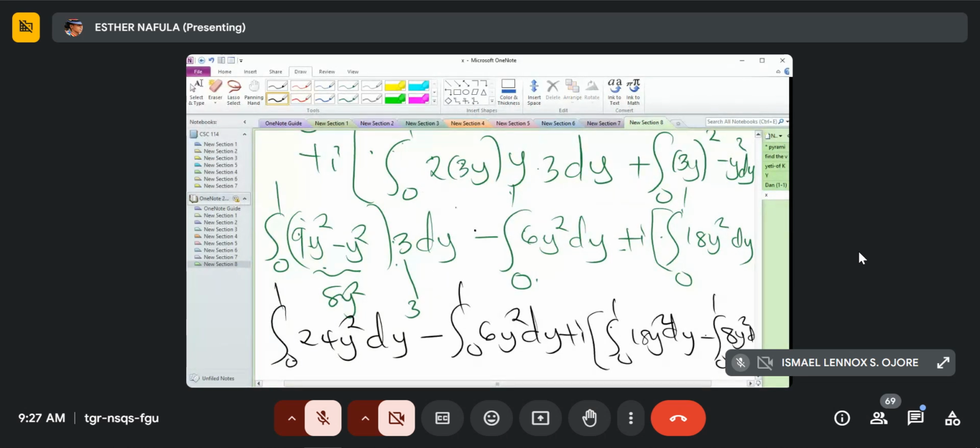For the i part, we have 18y squared dy plus, excuse me, there's a mistake. It's supposed to be 18y squared dy plus 8y squared dy, not minus.